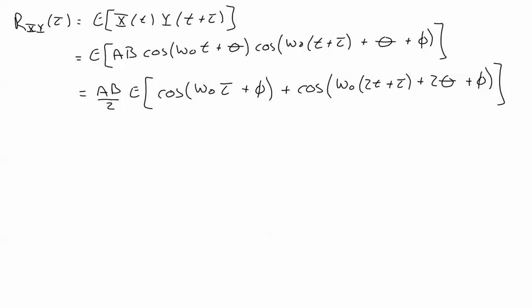And here I've used the trigonometric identity, cosine A cosine B equals 1/2 cosine A plus B plus 1/2 cosine A minus B.